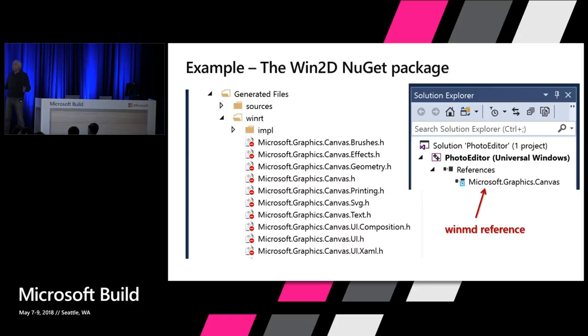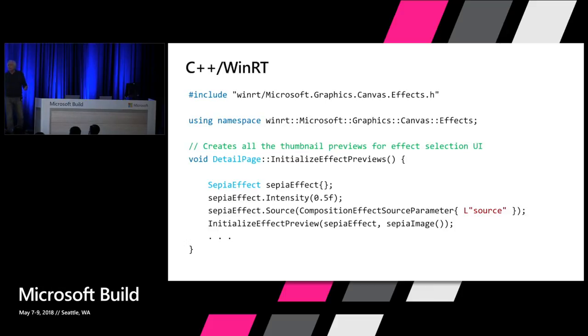They're located in a similar structure to the system ones under that WinRT directory, one for every namespace in that library. And now how do I use them? I use them the same as any other C++ class. I include my header file, because we like long names in the Windows runtime. I put a using namespace so I don't have to write so much.